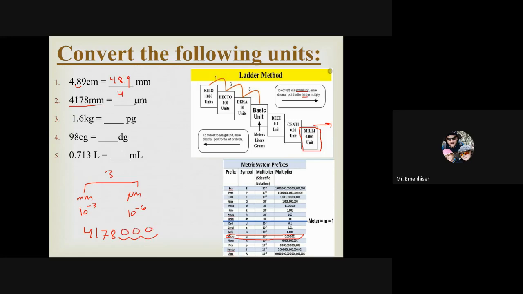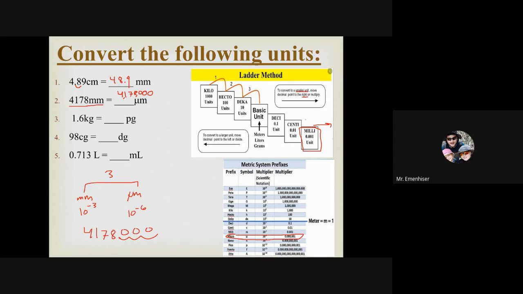So this is 4178,000 micrometers. So that's 4 million micrometers. Okay. So we use this chart here. Milli is at the end of the scale. And I think we should take this and actually expand it to include these other units. But this is just the 2 pictures I have.